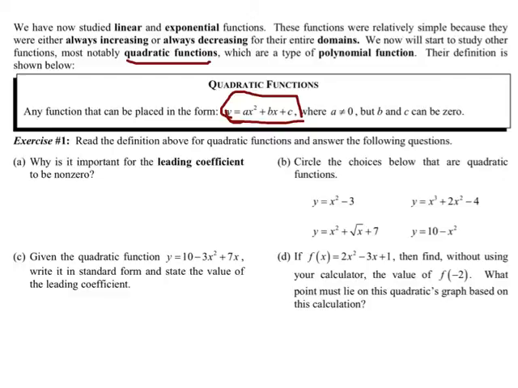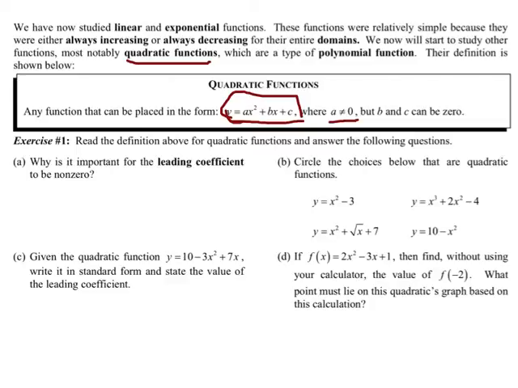Read the definition above for a quadratic function and answer the following questions. A. Why is it important for the leading coefficient to be non-zero? Do you see here where it says a is not equal to 0? Well, think about that for a second. If that was 0, would I need x squared?